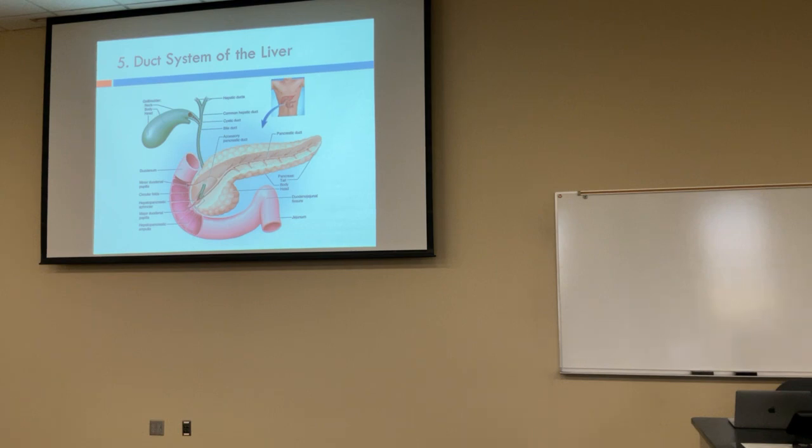And the way it stores bile is that when there's no fat in your stomach, this hepatopancreatic sphincter is closed off. It constricts and it closes off that opening into the small intestine. When that happens, bile backs up. Since it can't go down into the small intestine, it backs up into the gallbladder, where the bile is stored.